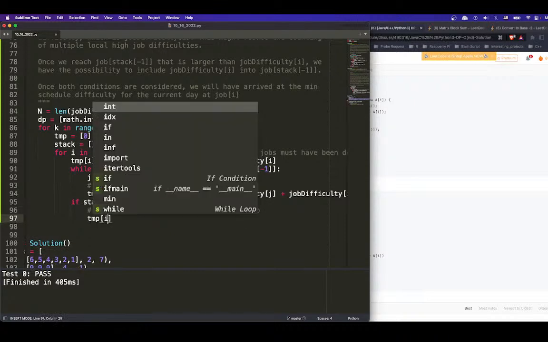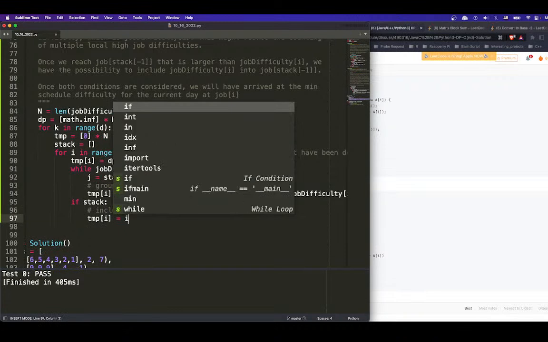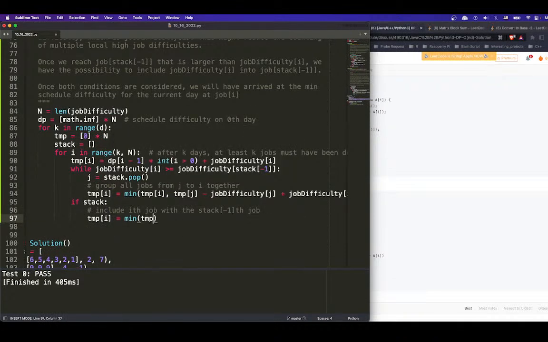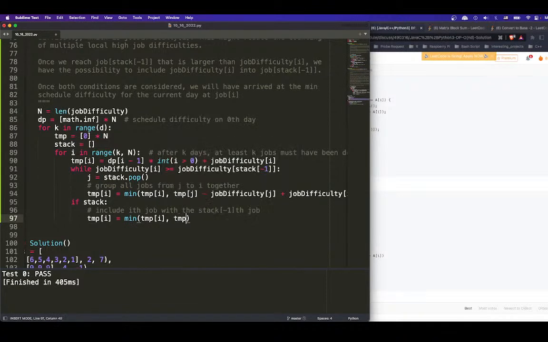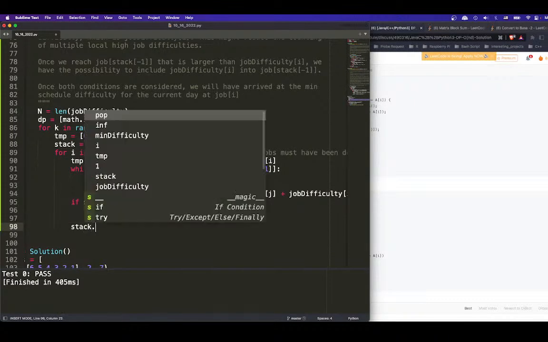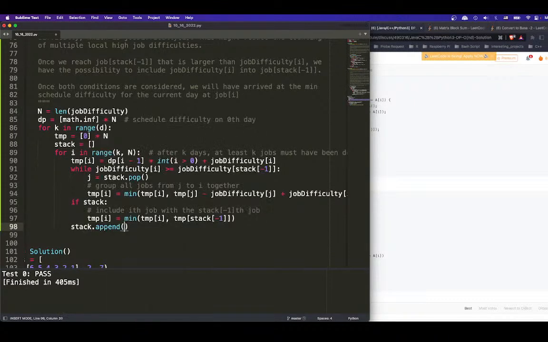And say temp[i] might be the minimum of temp[i] and temp[stack[-1]]. Then stack.append(i). So when we're done, say dp equals temp.